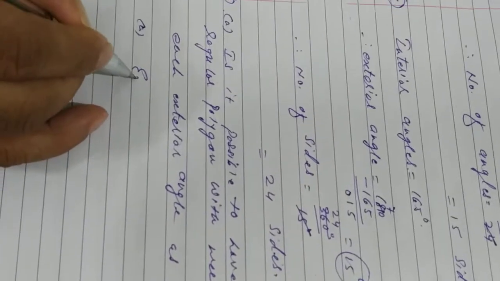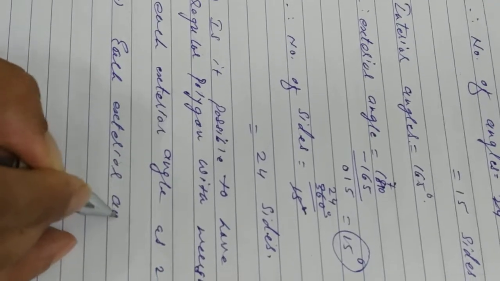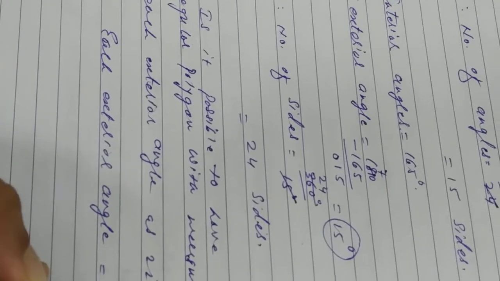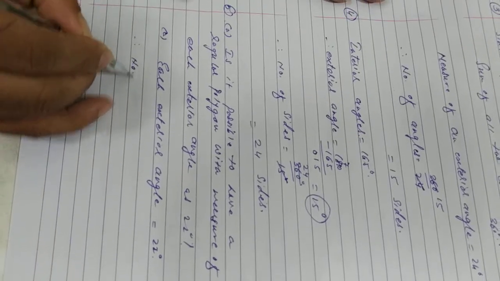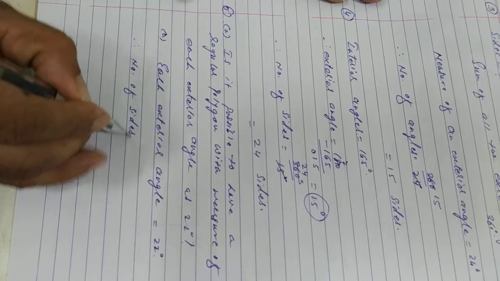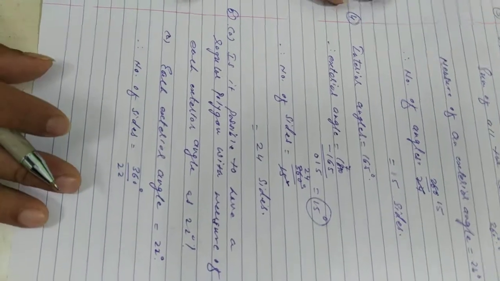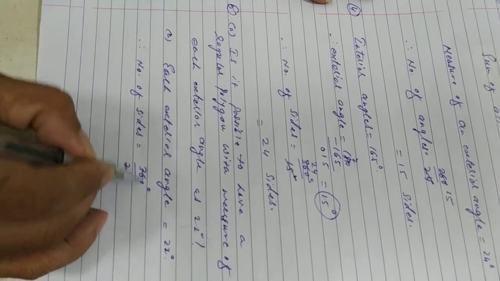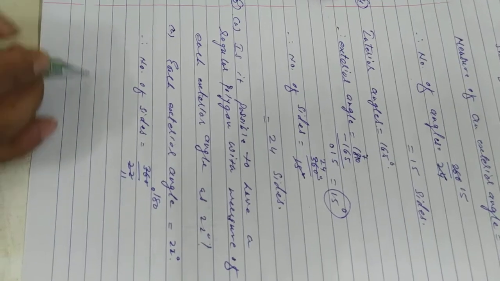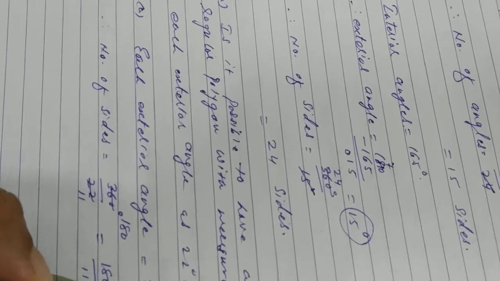So before that, what we have to do? Each exterior angle has a measurement of 22 degrees, right? So therefore, the number of sides is equal to 360 upon 22, right? 11 times 22, 180 times 360. So 180 upon 11, right?